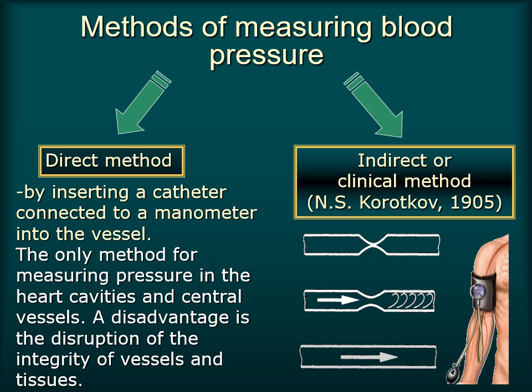In other words, those knocks or tones that we hear at the very beginning, when the pressure is released, are sounds correlated with the pressure during systole. That is, during a higher pressure, the vessel opens slightly, passes a certain portion of blood.